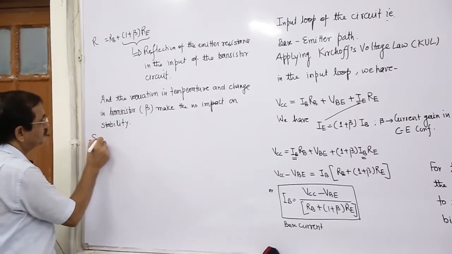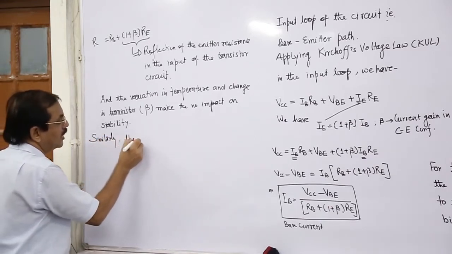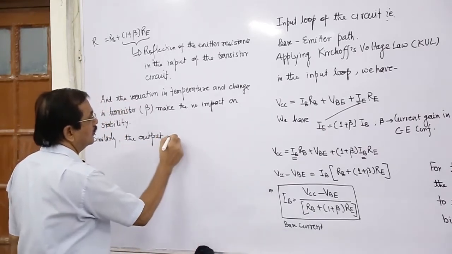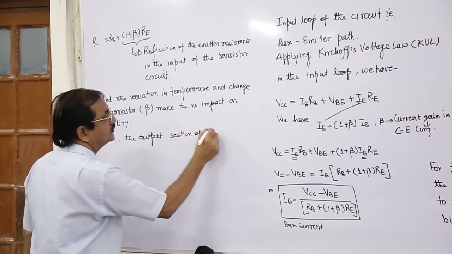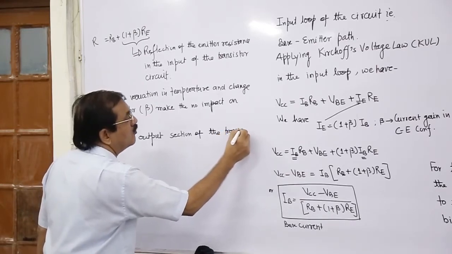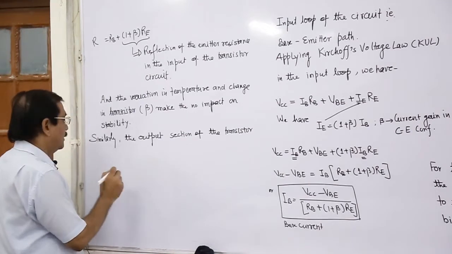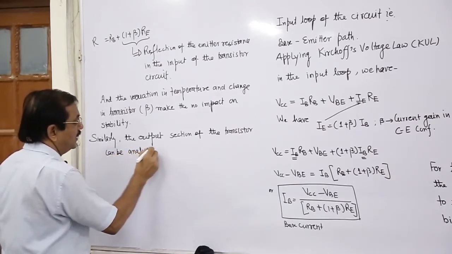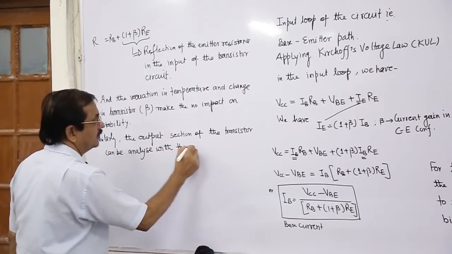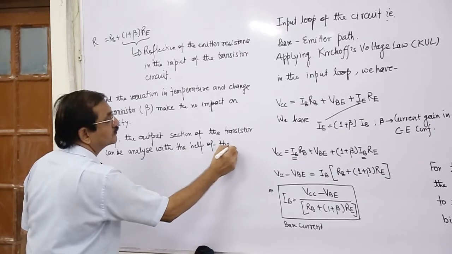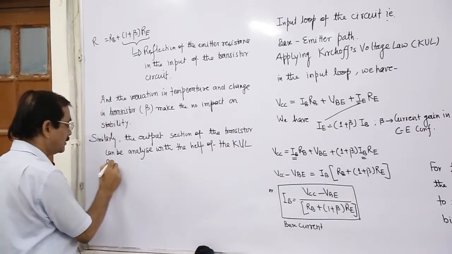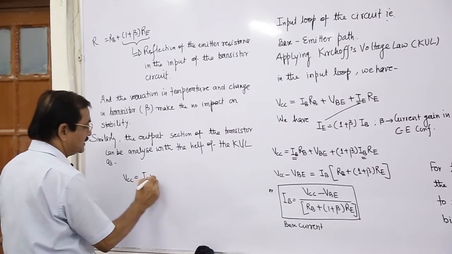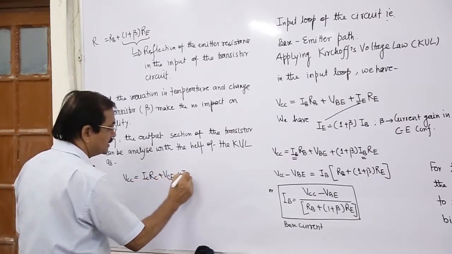Similarly, the output section of the transistor can be analyzed with the help of Kirchhoff's voltage law as VCC equal to ICRC plus VCE plus IERE.